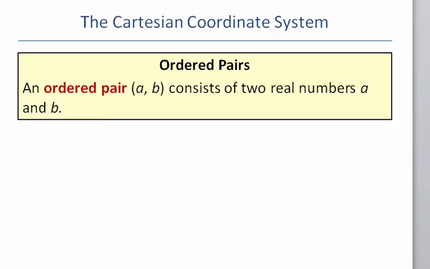As you recall, an ordered pair (A, B) consists of two real numbers, A and B. For example, an ordered pair might be (5, -1) or (-3, 2). Both of those are ordered pairs and refer to a point on a graph.